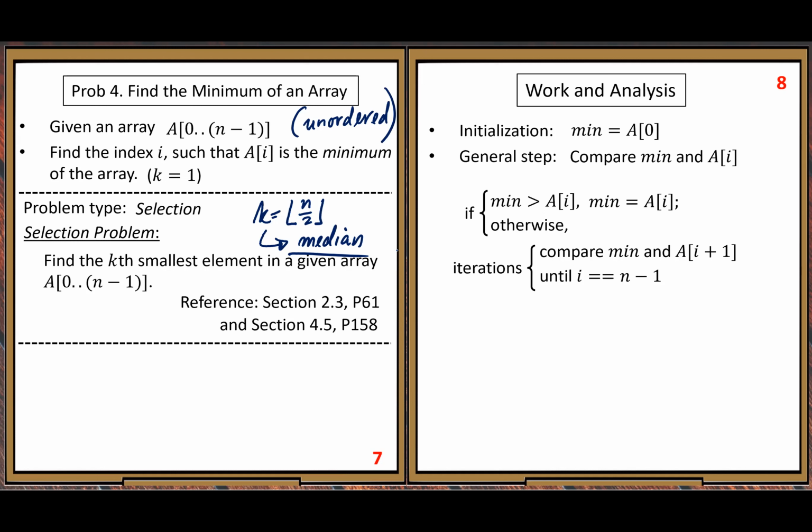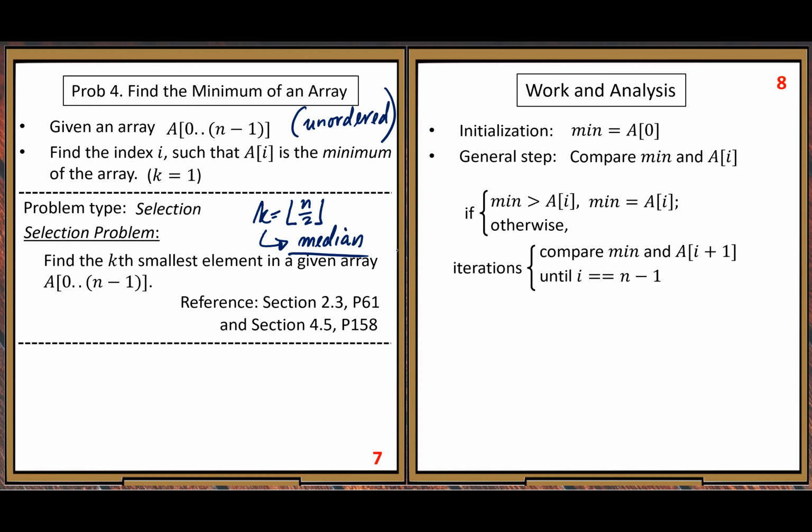That means we go through all the elements in the array. Not like our search algorithm, where when we find a match, we get out of the loop immediately. Here, we have to go through all the elements from the beginning to the end.